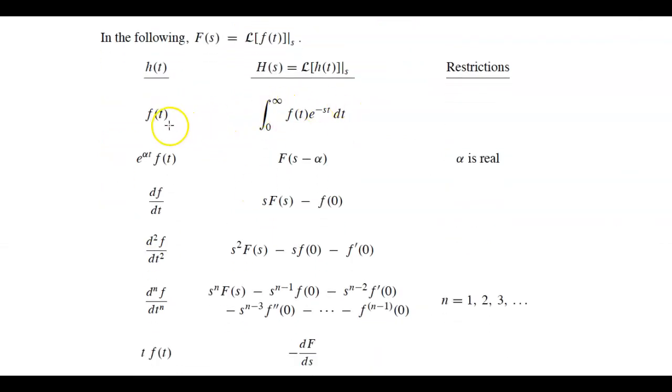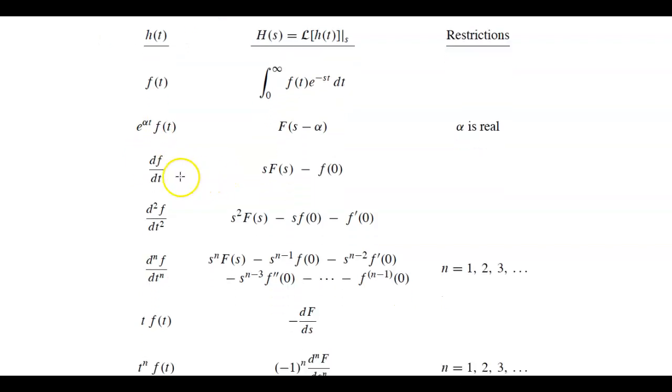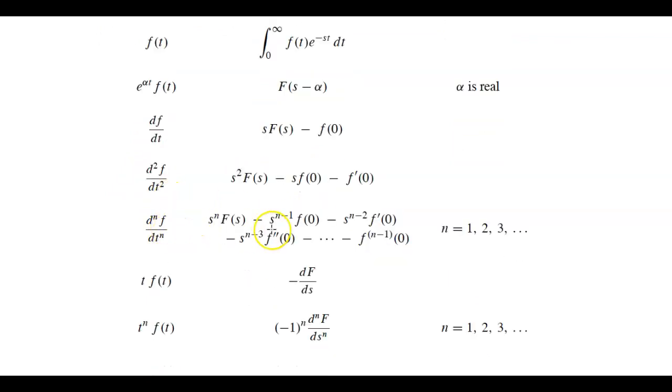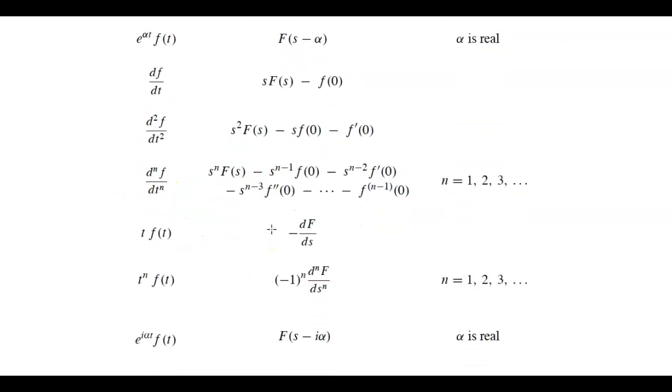And so we also see the definition of the Laplace transform for a function f of t. We see here again the horizontal shift in the s domain if we multiply our function in the t domain by e raised to the alpha t. First derivative of f, the Laplace transform of it looks like this. Second derivative, and then the nth derivative.